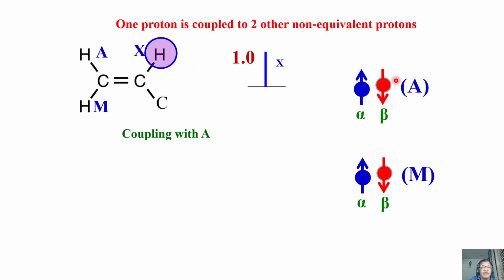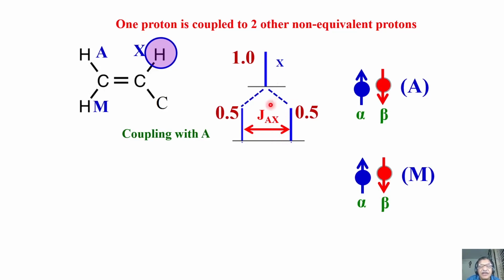As a consequence, when it interacts, as we understood, it has two different energy states and splits into a doublet. We understood the mechanism of coupling. So, polarization transfer takes place between A and X through the covalent bond, and this peak splits into a doublet. Now, what is the intensity of this doublet? This is 0.5 and 0.5. One has been divided into two, like in the family tree approach, where I said the family property from 1 is divided to 2 children, 50-50.